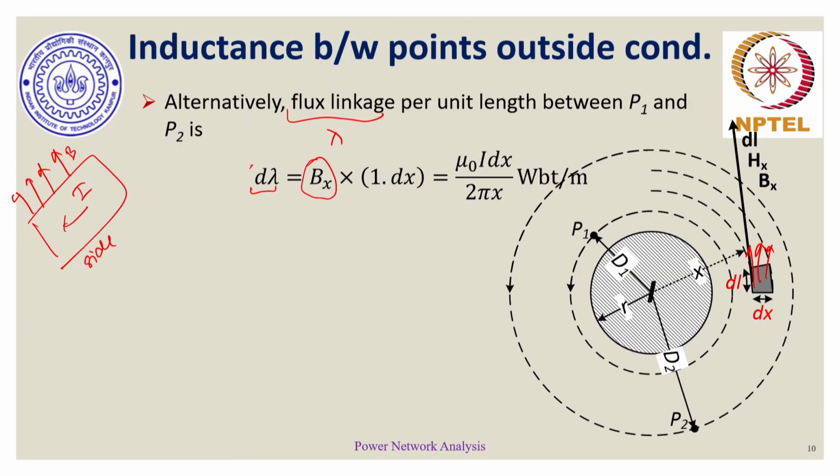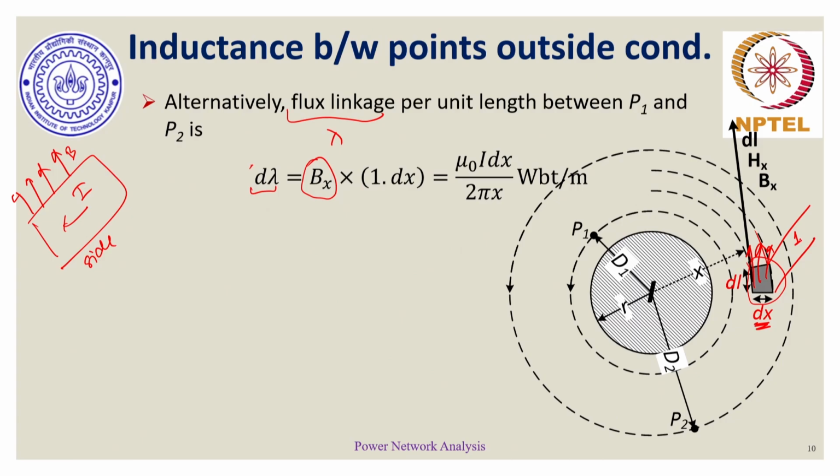The area I have to focus on is not the cross-sectional area of the conductor, nor the surface area of the conductor. It is the area along which the width dx and length dl are considered. If the cylindrical hollow tube is of width dx, the area is not with respect to the circumference of the circle of radius x, but is actually the width dx multiplied by the length.